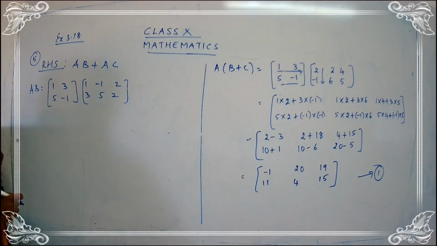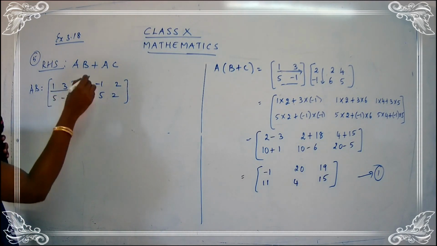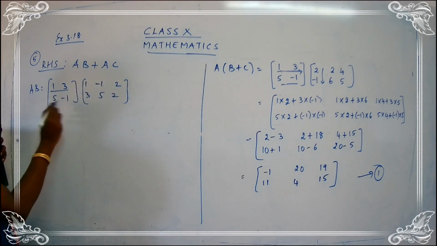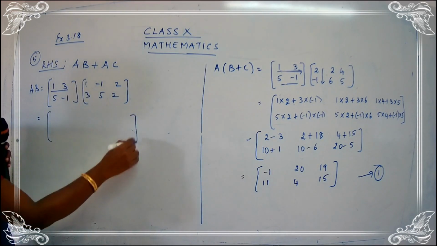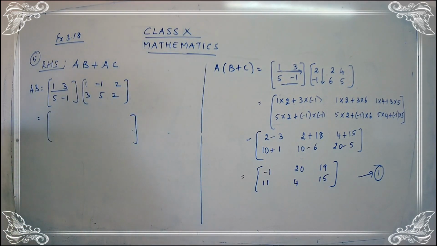I hope you can do the multiplication. Come on. Take the first row and finish all the columns. Take the second row and finish all the columns. Get the work done here. Try out the work. Complete the matrix multiplication, children.